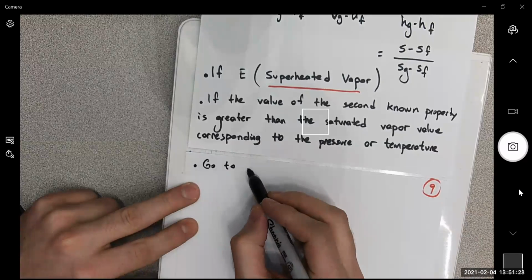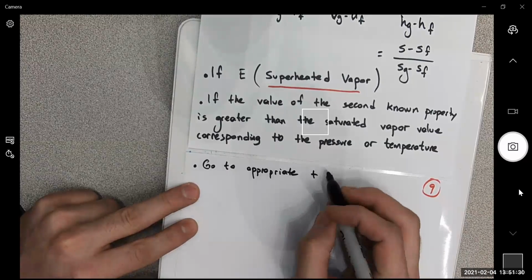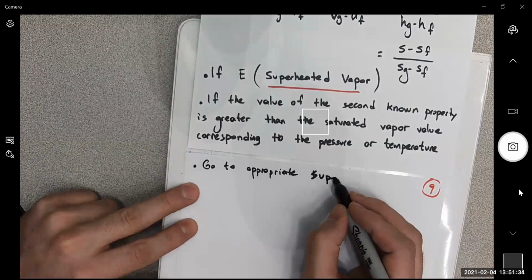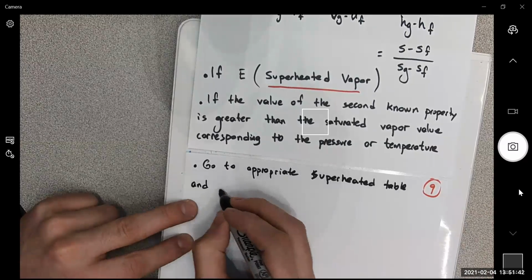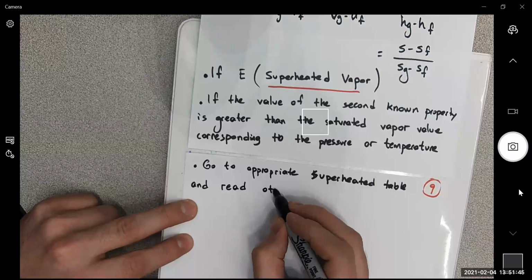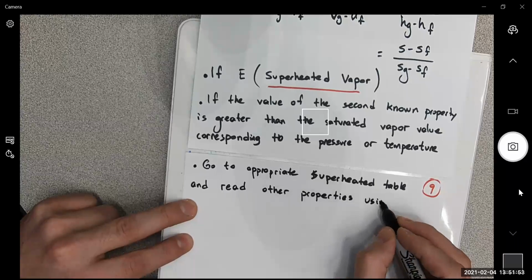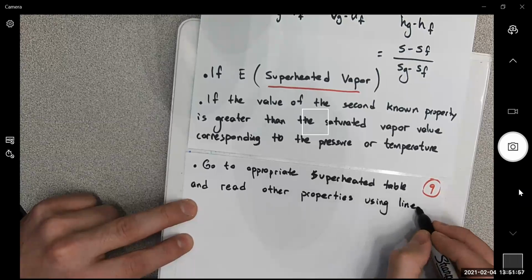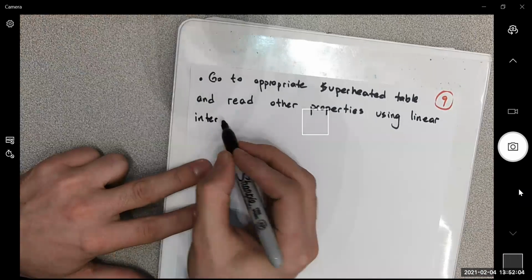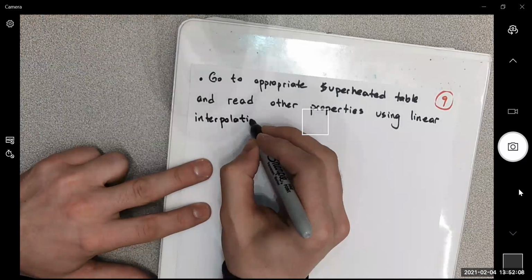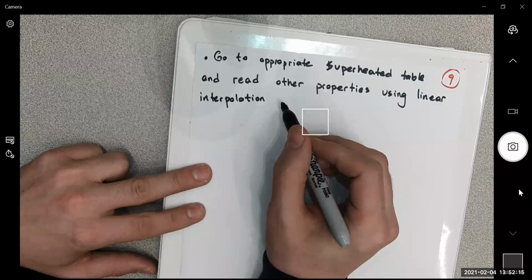Go to the appropriate superheated table and read other properties using linear interpolation, if it is necessary.